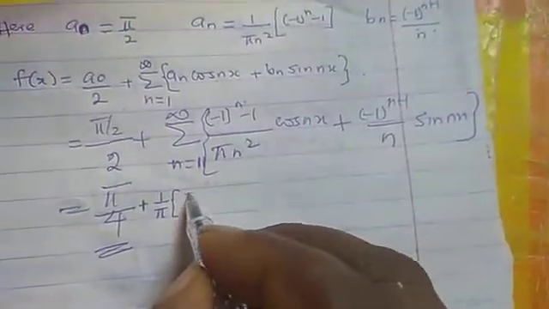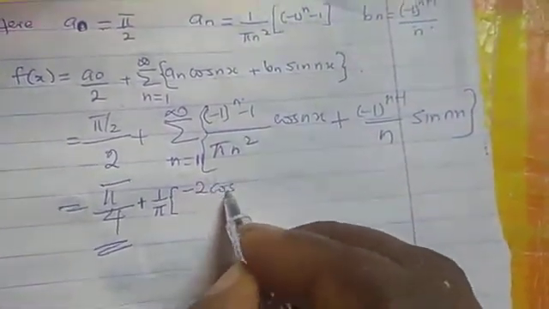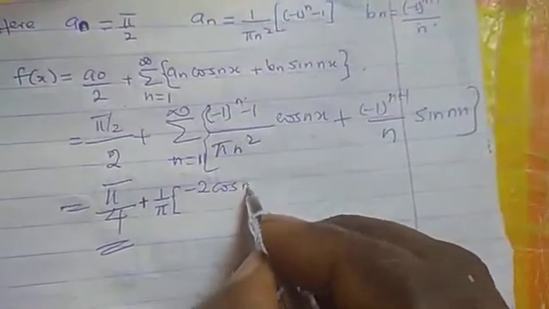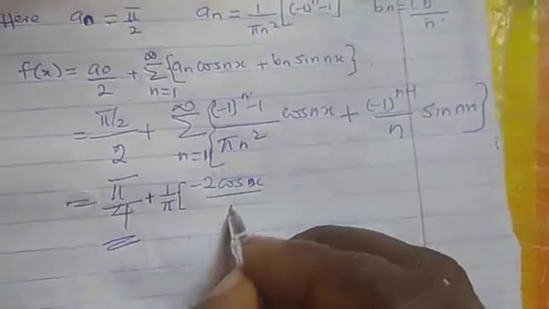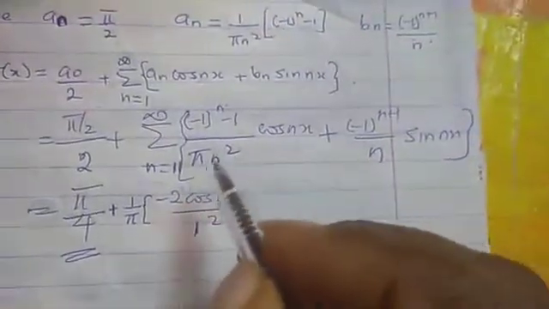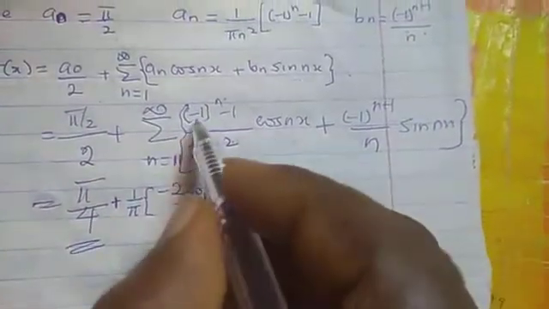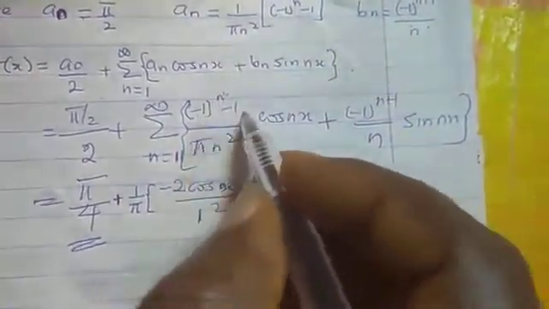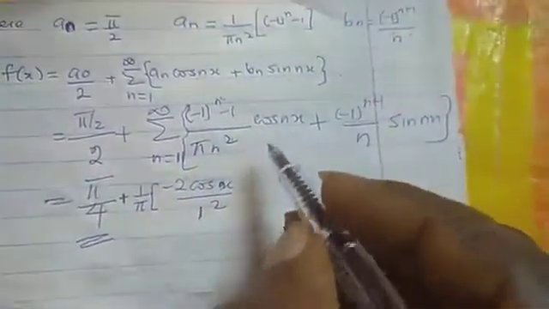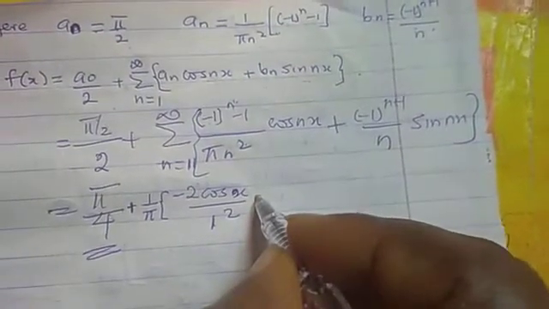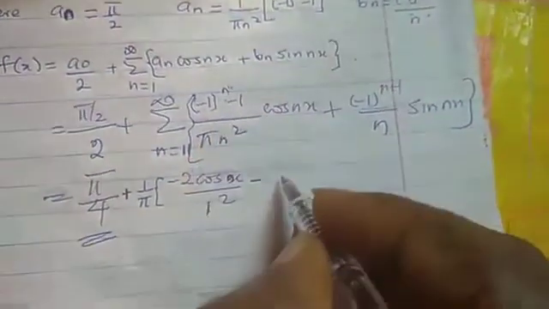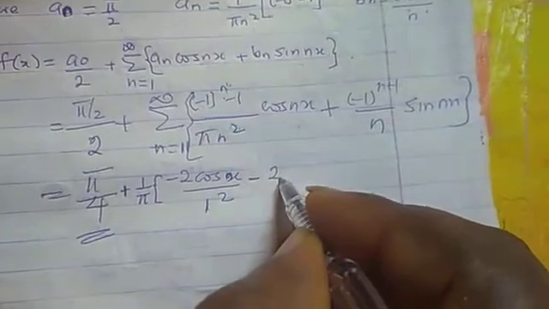So this should give me minus 2 cos x divided by 1 squared. If you put n to be 2, minus 1 squared is 1. 1 minus 1 is 0. So definitely if you put n to be even number, it will always be 0. But if you put n to be odd number, you always get 2 at the top here.